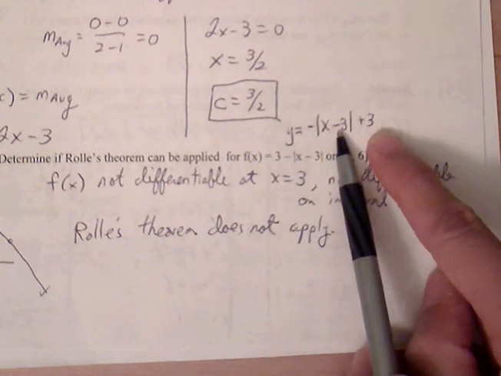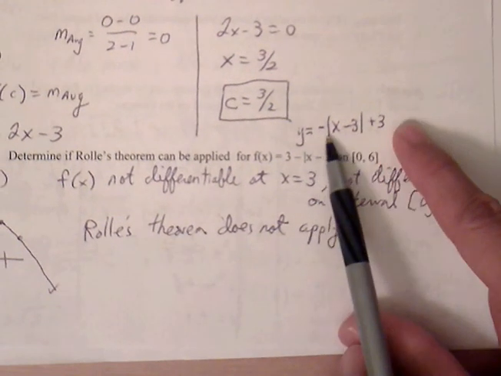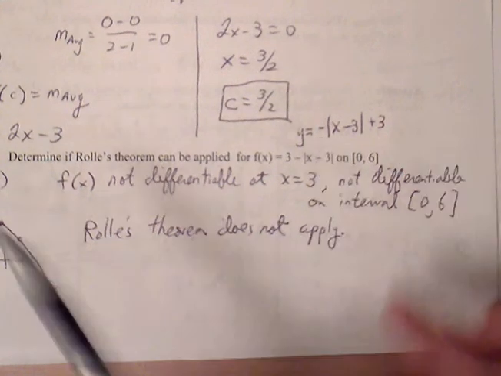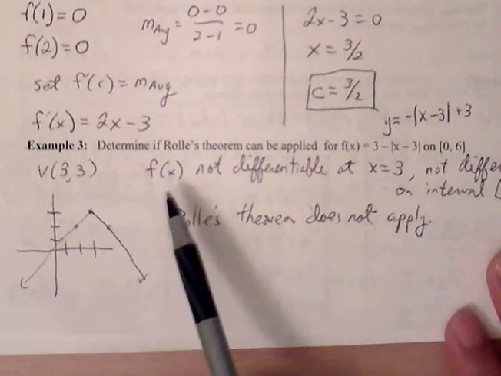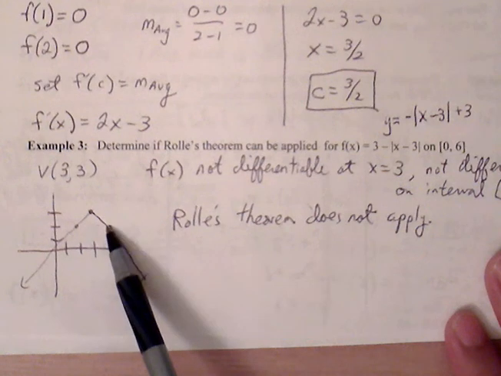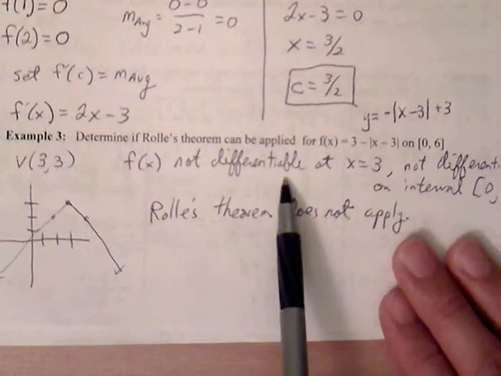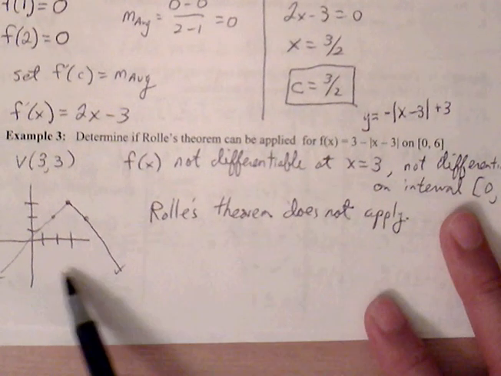So vertex is at 3, 3, opens down, and a slope of negative 1, because we don't see a number. So from 3, 3, we graph down 1 over 1, down 1 over 1. We have our absolute value function. Is the function differentiable at x equals 3?